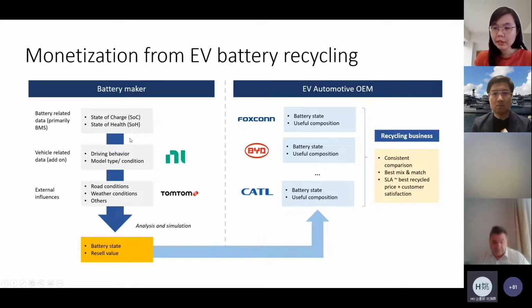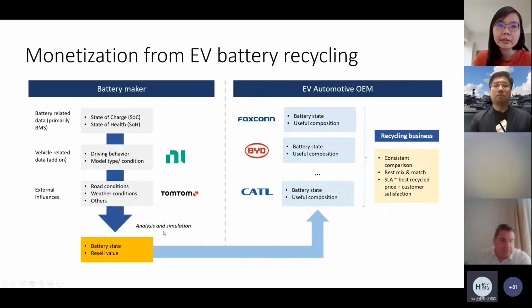But to what Angus and colleagues from NI mentioned early on, there may be additional data acquired from the battery, from the vehicle itself, from a driver perspective, or even the conditions of the drive they're under, such as the gravel or icy conditions of the road. There are also other external influences like weather conditions and road conditions, which folks like TomTom can add to the richness of the data that can be collected.